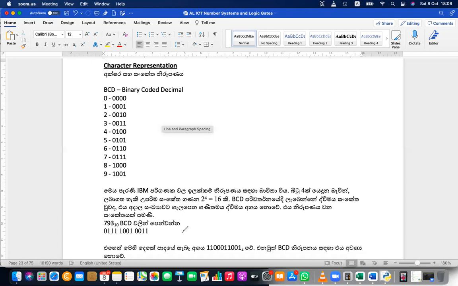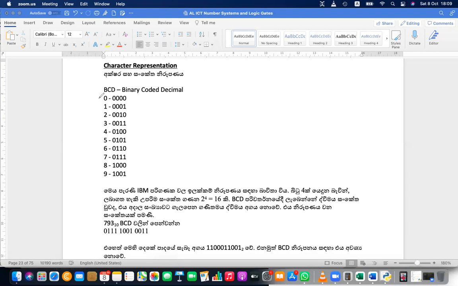Anyway, you will be sending it as a binary signal, or you can send it as a voltage signal: 0 voltage, 5 voltage, 5 voltage, and so on. Anyway, you are going to send only 2 states. That is the nature of this character representation.